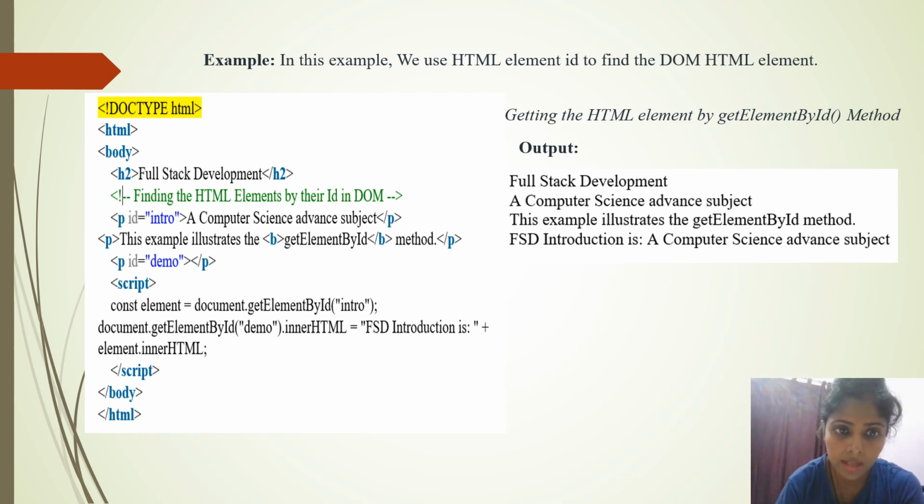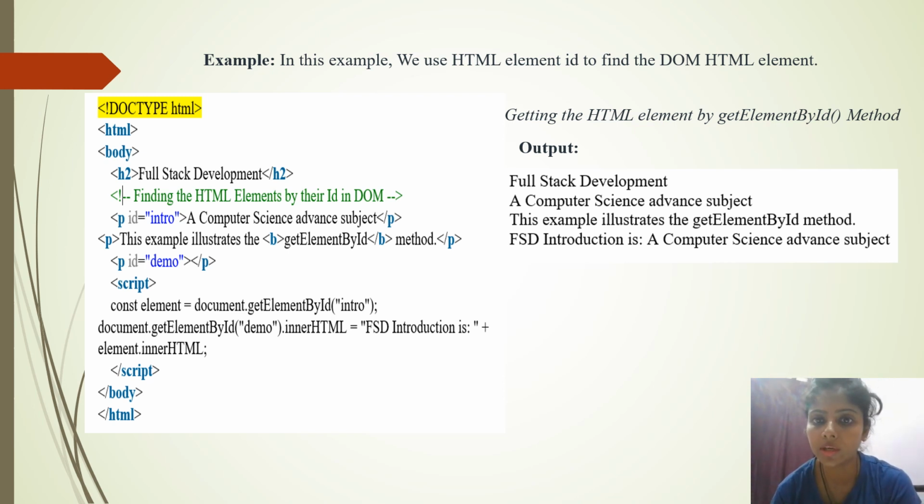Okay, we are calling the id. So document.getElementById demo innerHTML equals FSD introduction is, that is, we are specifying the element where that particular value should be added. And we are closing the script, body, and HTML.